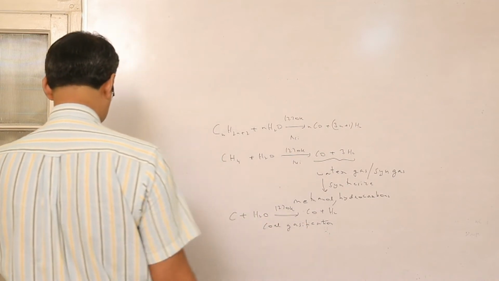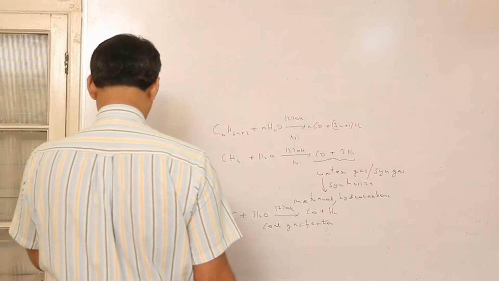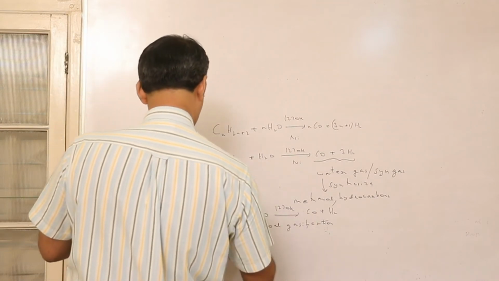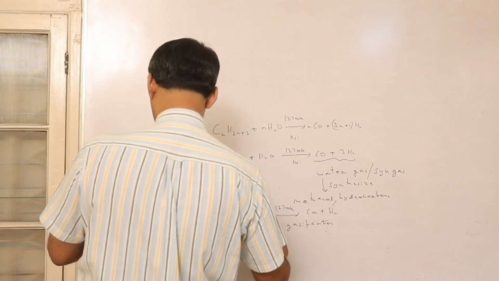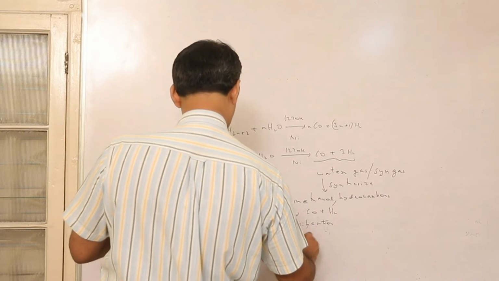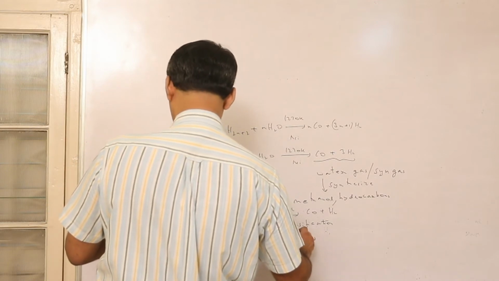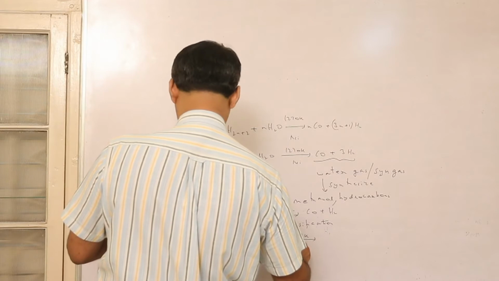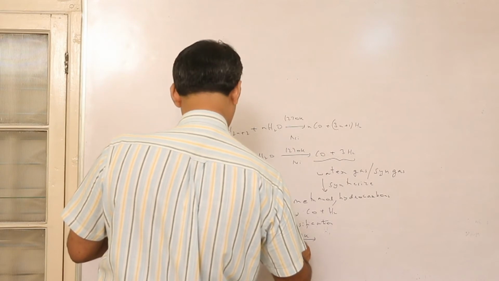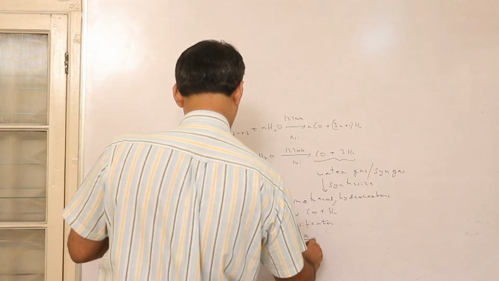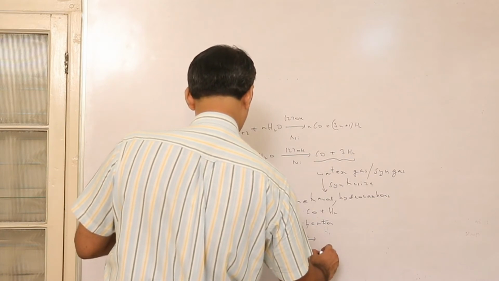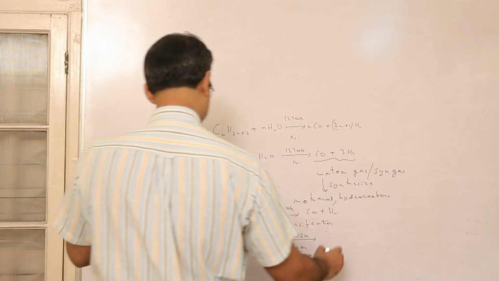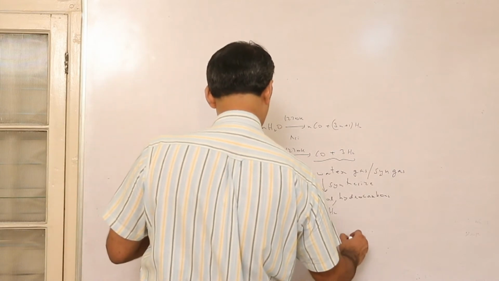In this coal gasification reaction, the carbon monoxide which is produced can further be treated with steam in presence of iron chromate catalyst to increase the amount of hydrogen.